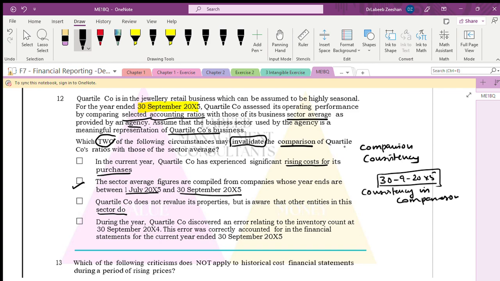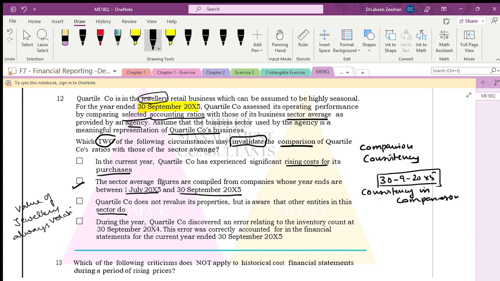Quartile does not revalue its property, but is aware that other entities in this sector will. When other companies in the sector are doing it, we also have to do it. We should not say otherwise. It is a jewelry business. When you are talking in terms of a jewelry business, the value of jewelry is always very volatile.